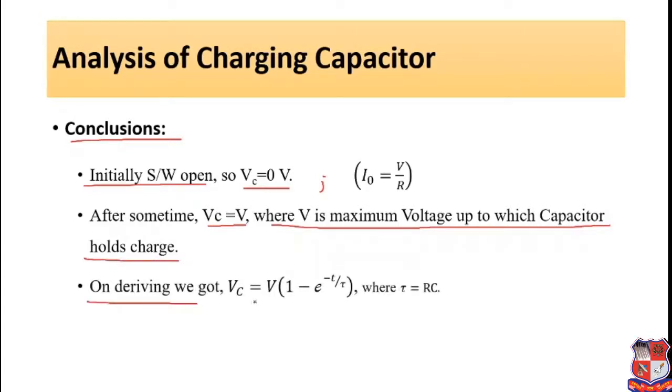On deriving, we found that Vc is equals to V into 1 minus e raised to minus t by RC, and this RC can be replaced by tau. Tau is nothing but the time constant. And we also found the value of Ic. So Ic was equals to I0 e raised to minus t by tau.